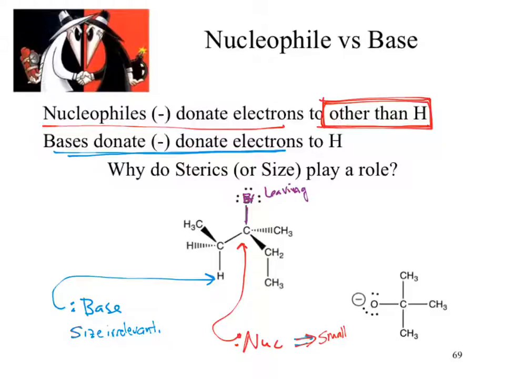So the other big base that tends to float out there, if I can find it, there it is. I never remember its reference, but it's either DBU or DBN. They're both very similar structures. I believe one of them is a 6-membered ring as opposed to a 7-membered ring.